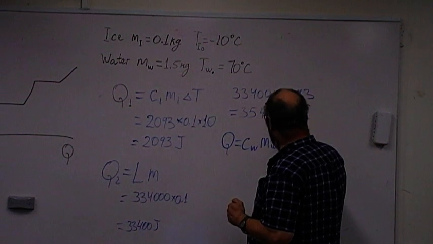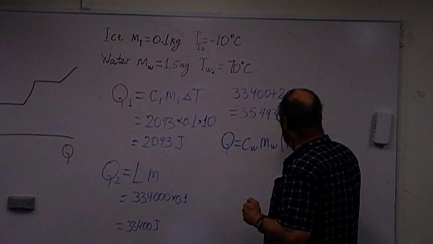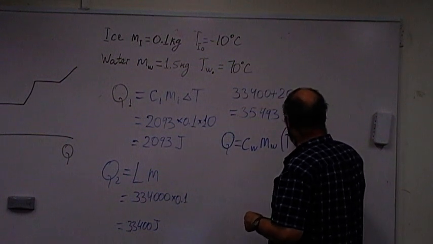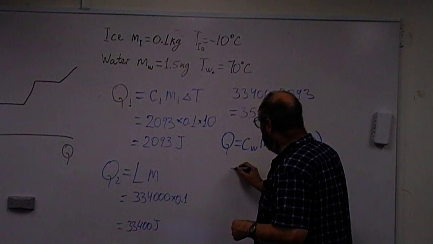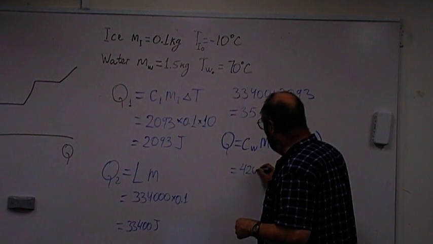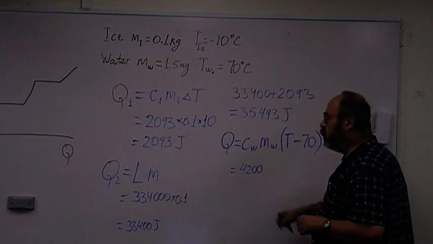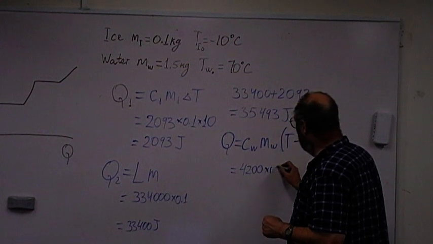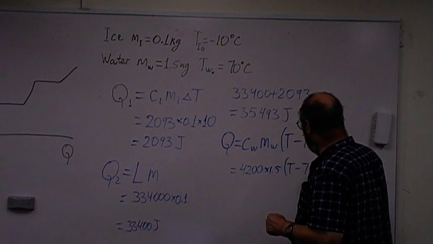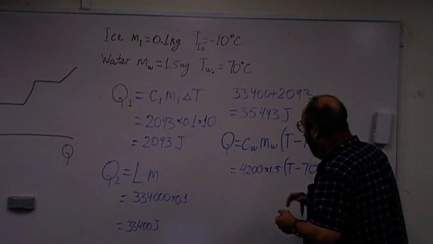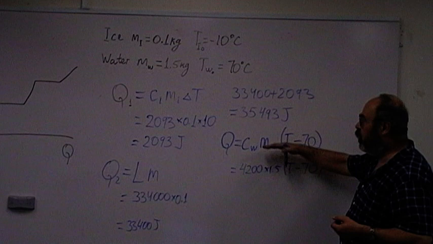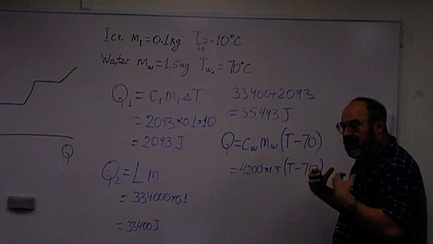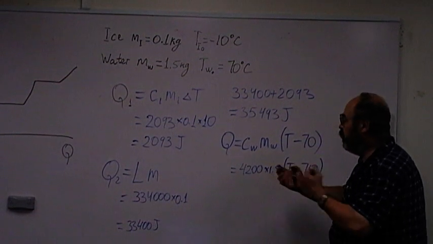And we take the final temperature, which we don't know, minus its initial temperature 70 degrees. So it equals 4,200, I will take a rounded value for the specific heat of the water, 4,200 times 1.5 times (T minus 70). And that must be equal to how much heat the ice gets. So water cooling down, giving heat to ice heating up and melting.